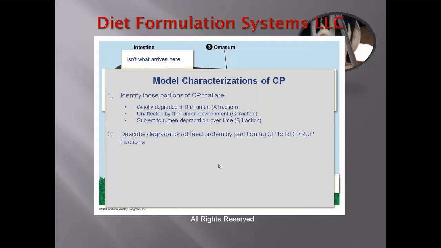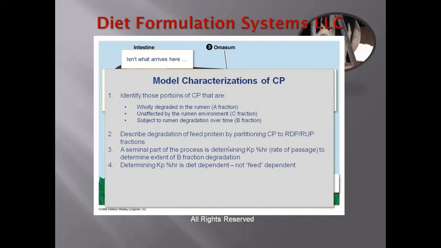So what characterizations are doing is partitioning crude protein to RDP and RUP based on all of the things we've discussed. And a seminal part of that process is determining passage rate. And that's strictly for one purpose, to determine the extent of B fraction degradation.